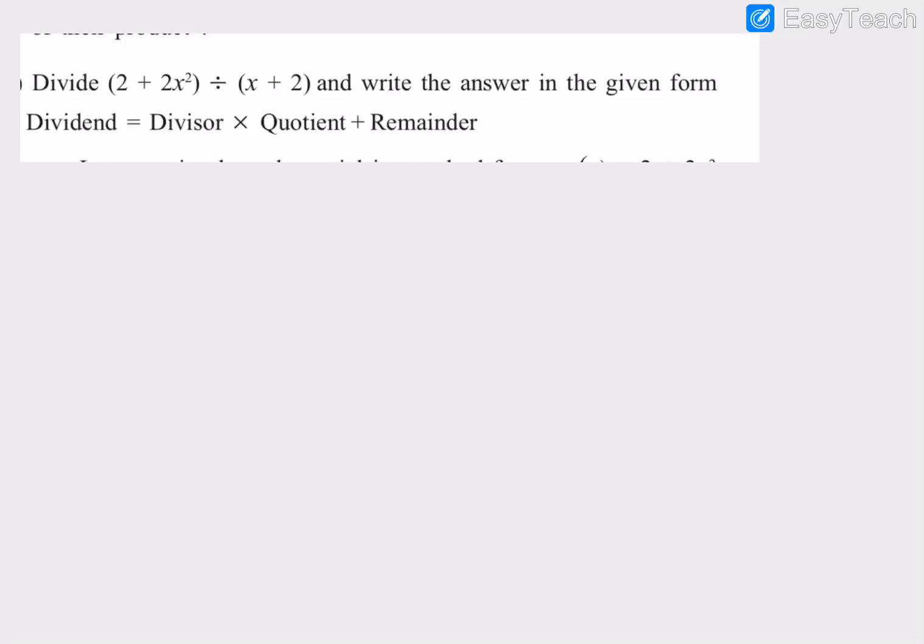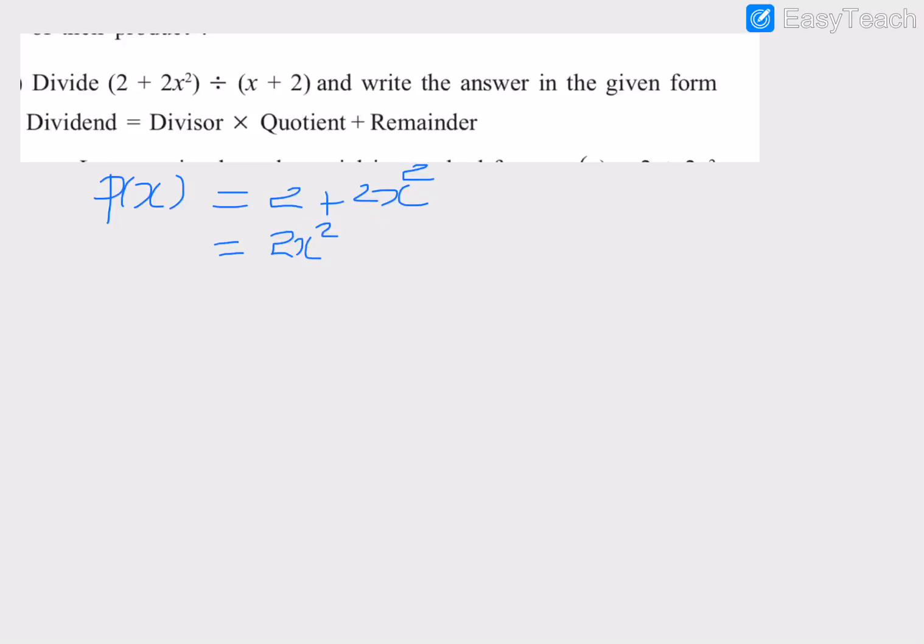First let us write the polynomial which we need to divide in the standard form. p of x is equal to 2 plus 2x square. It is not in the standard form. Standard form means we write the polynomial from higher degree to lower degree. So we write 2x square first, the next term will be of x.